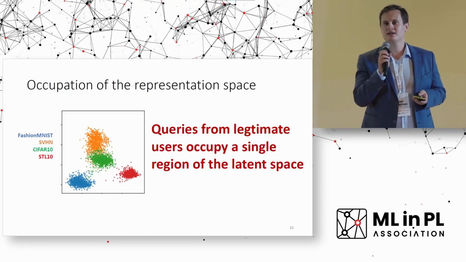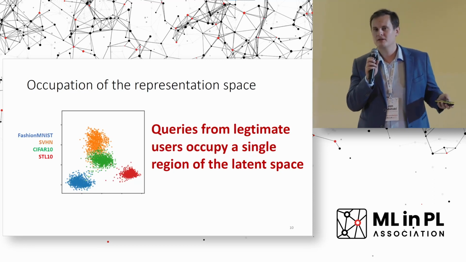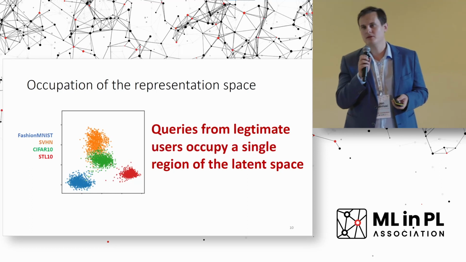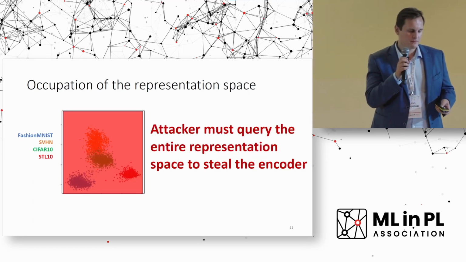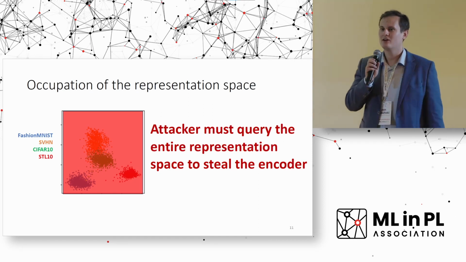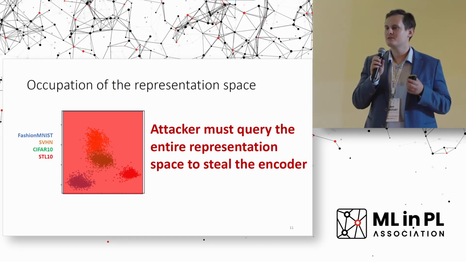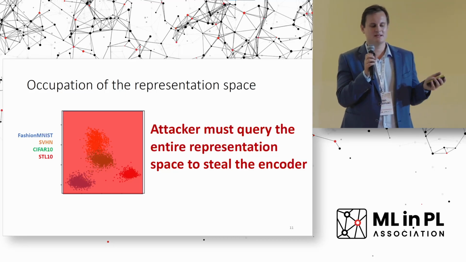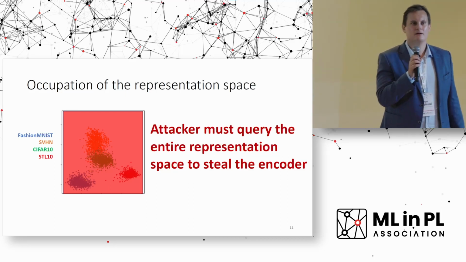This is because they utilize the encoder to solve a particular downstream task, like, for example, dog classification. However, the attacker, in order to steal the encoder, must use diverse queries and query the entire representation space to succeed.